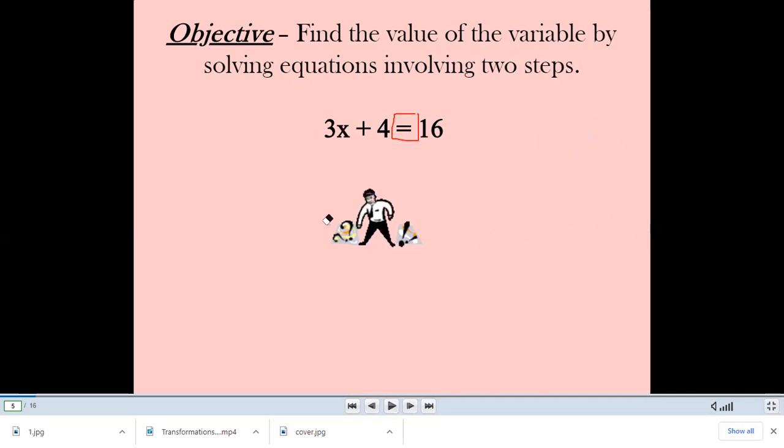We have a hard method and we have an easy method. Then what is the hard method and what is the easy method? Let me check with you.